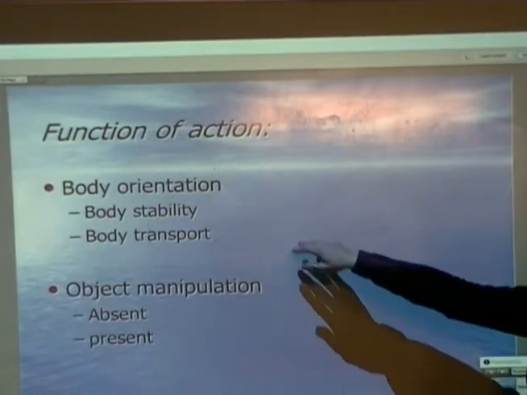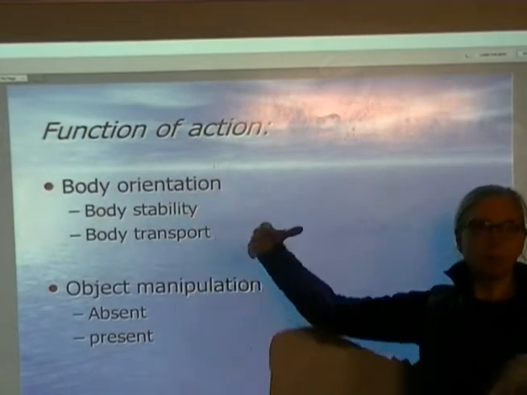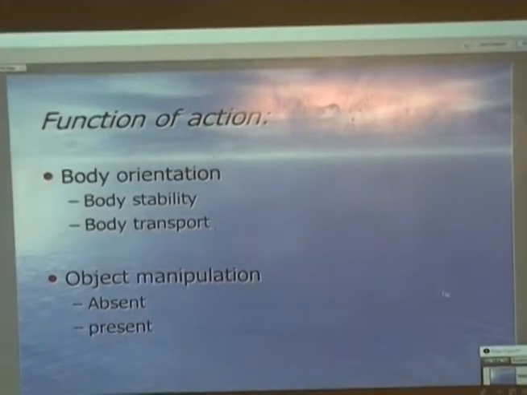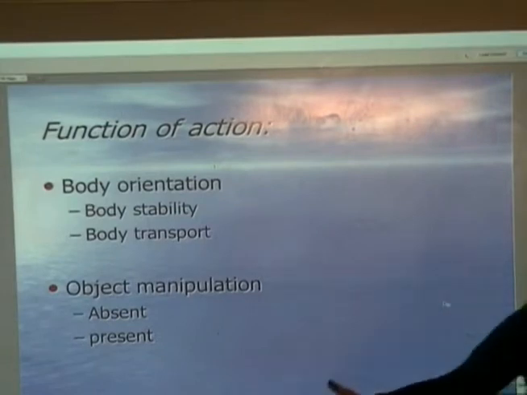So my body is stable, I'm not moving. Or there's body transport, which could be active or passive. So for example, a skateboard, I'm not really moving per se, but my body is being transported from point A to point B. Okay.